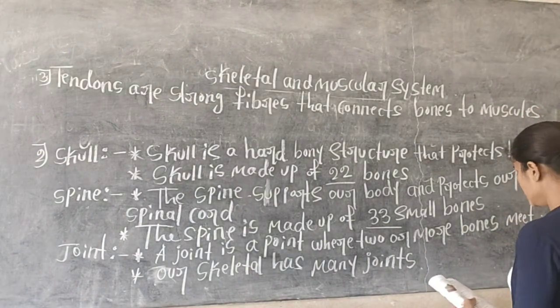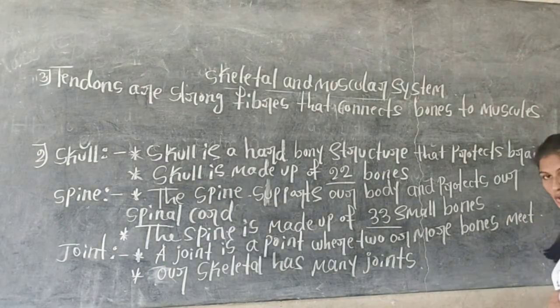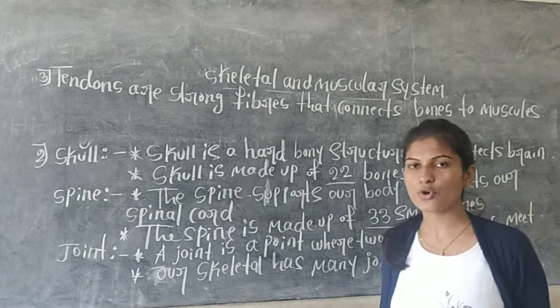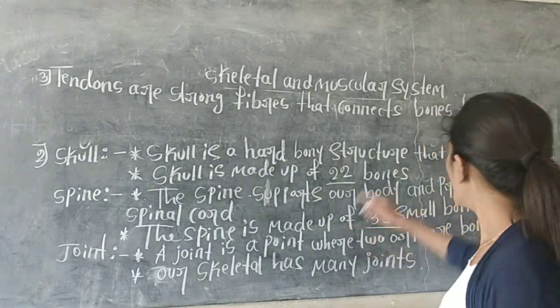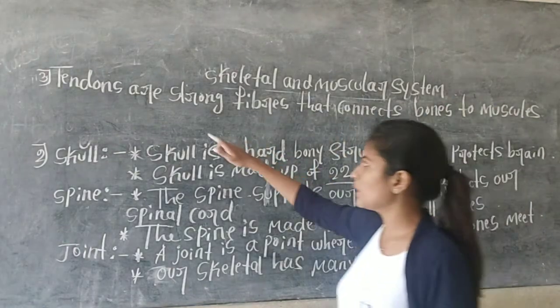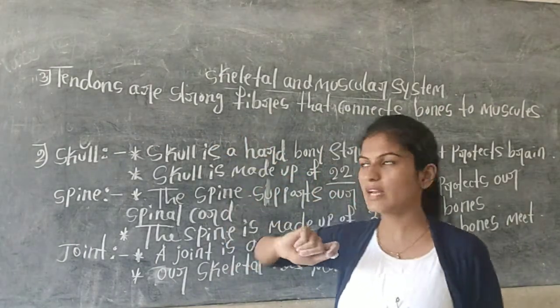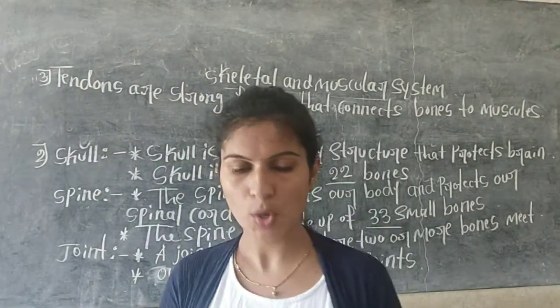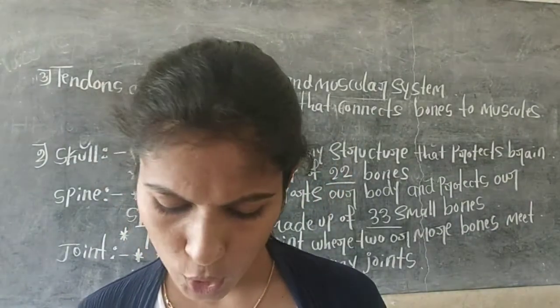That is called tendons. So what are tendons? Tendons are the strong fibers that connect bones to muscles. The strong fibers that join bones and muscles, we call them tendons. So this is the third question.